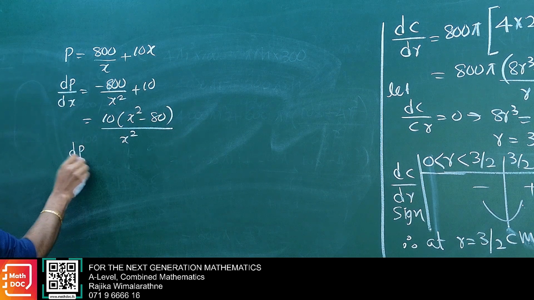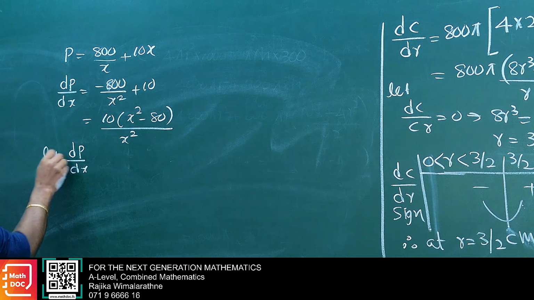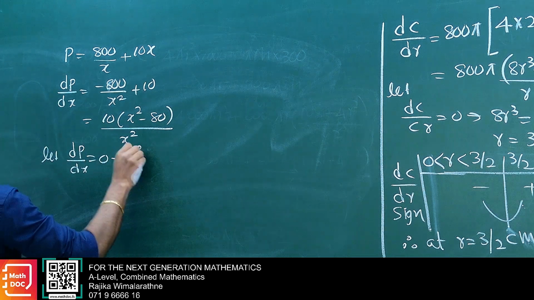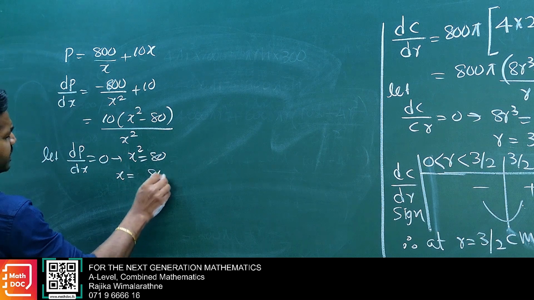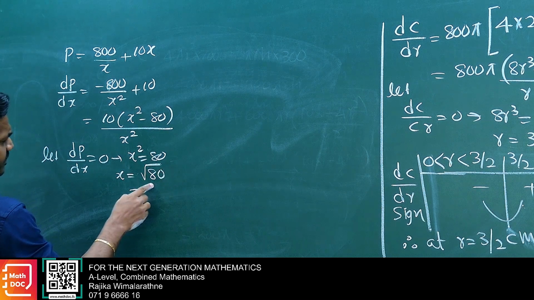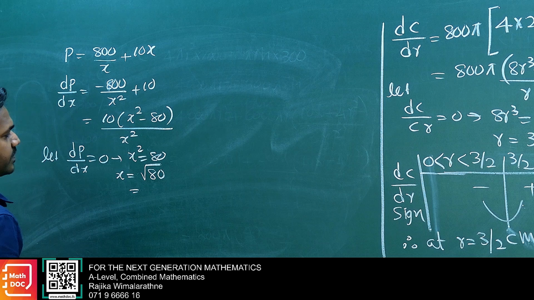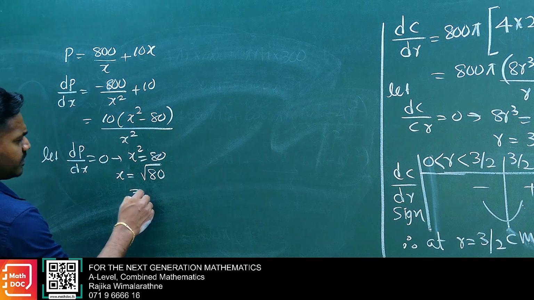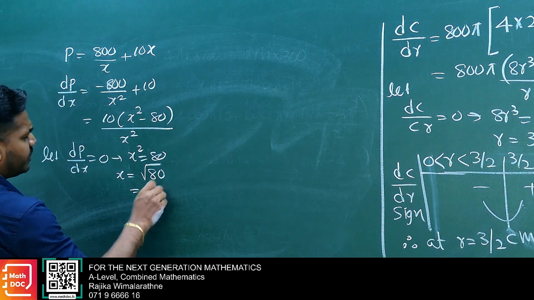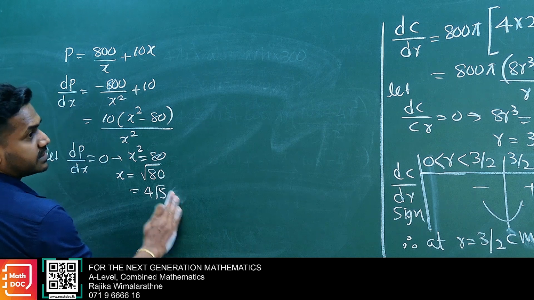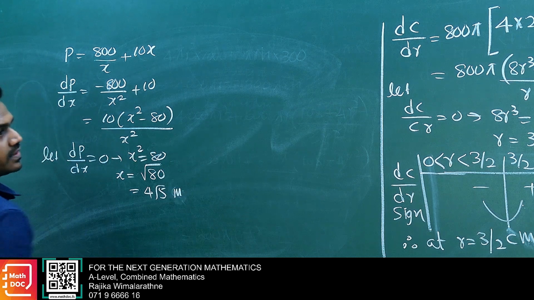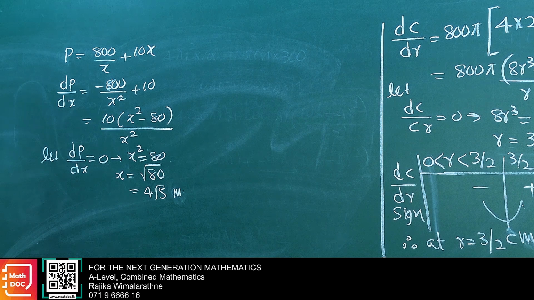Then dP over dx equals 0 gives x squared equals 80, x equals root 80, which is 4 root 5 meters.